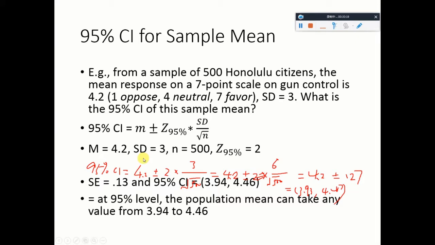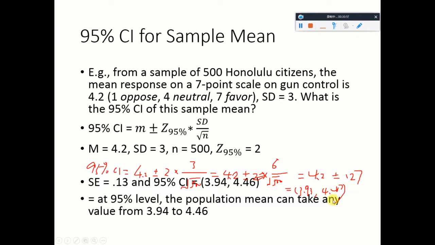But we said before that this point estimate, useful as it is, is not certain. There will be uncertainties about this point estimate because if we draw a different sample, we'll have a different value. By doing the calculation, we know that the fluctuation is bounded by this interval. That is, the average attitude toward gun control can be as low as 3.93 and as high as 4.47.